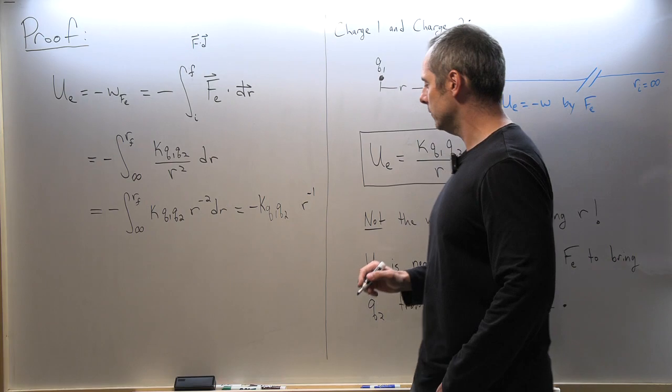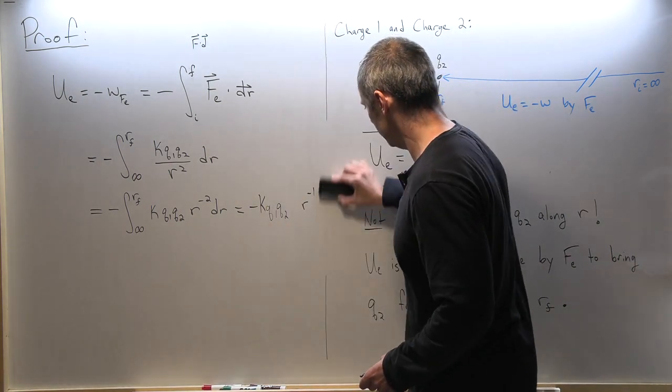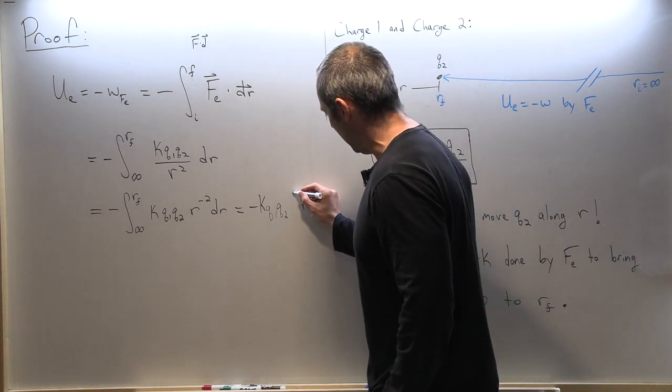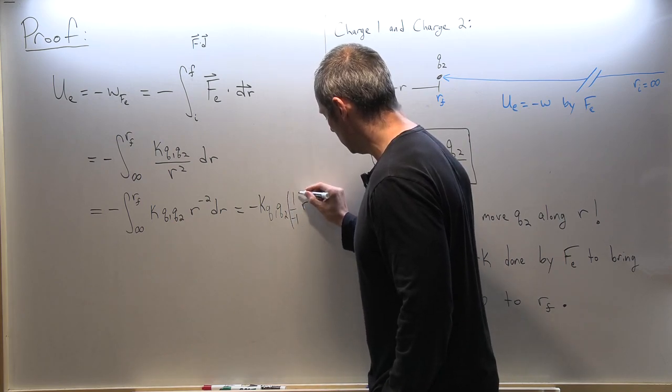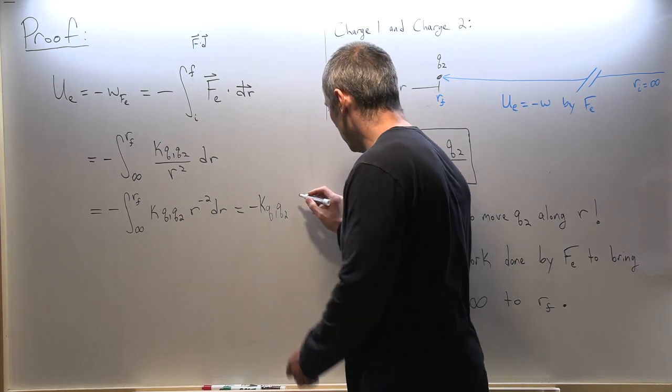So instead of to the minus 2, I make to the minus 1. Okay. And then I'm going to divide by that new exponent. You know, it's kind of crunched, so let me spread it out a little bit more.